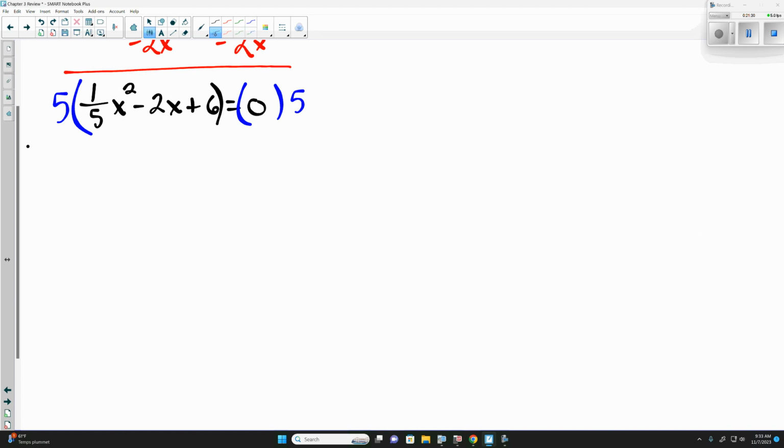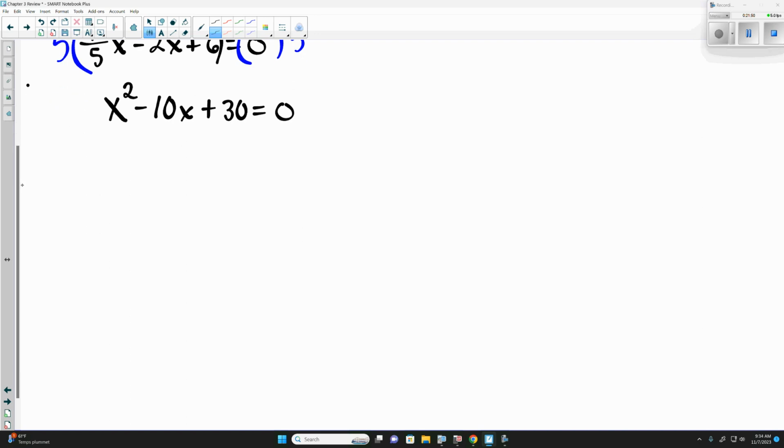And the reason I would do this is because 5 times 1/5, x squared is just x squared. Like when we divided by -1 to get it to work better with solving, same thing as with 5. 5 times -2x is -10x. 5 times 6 is plus 30 is equal to 0. So we multiplied by that 5 to make the numbers be nicer.